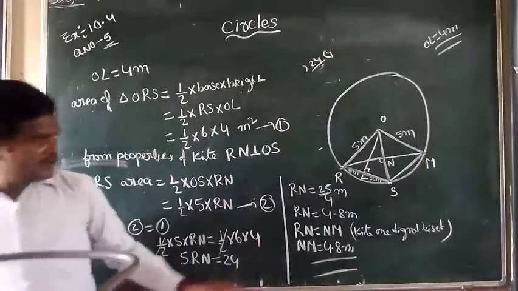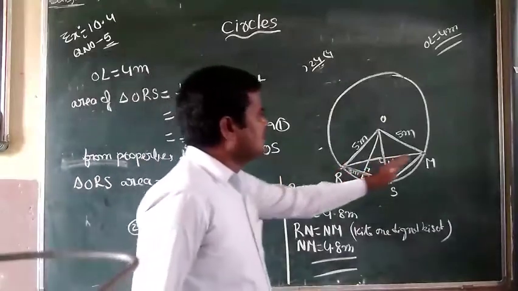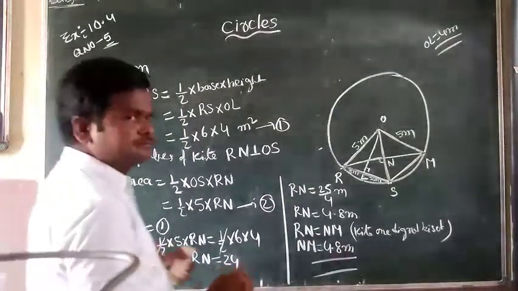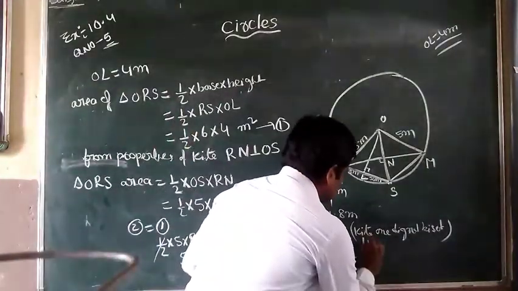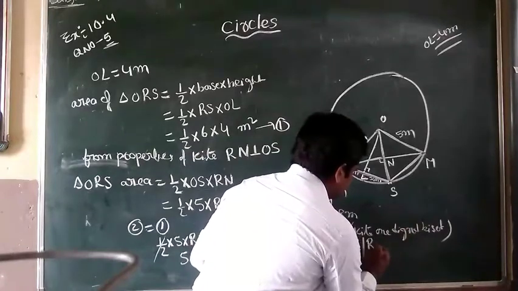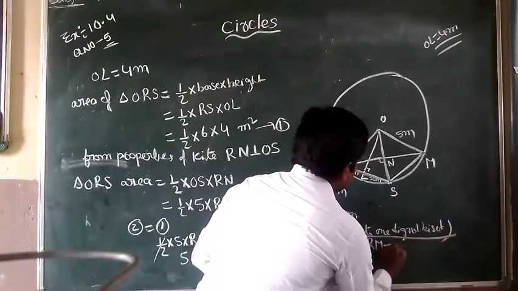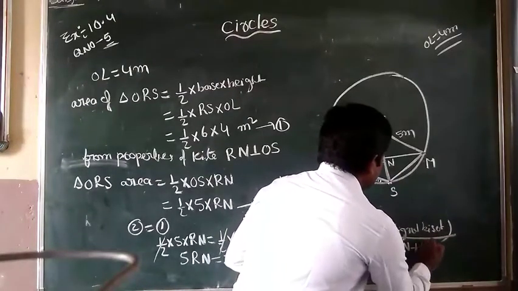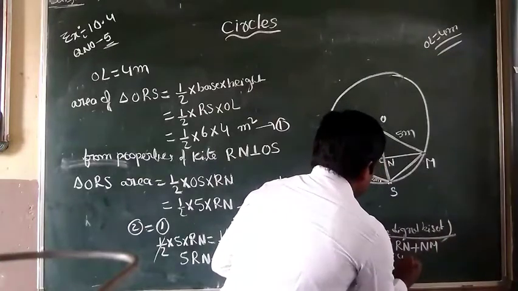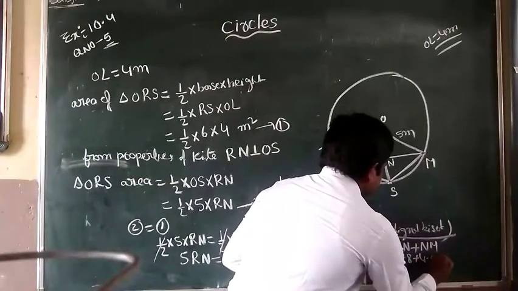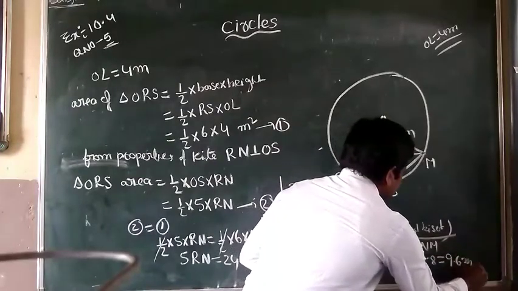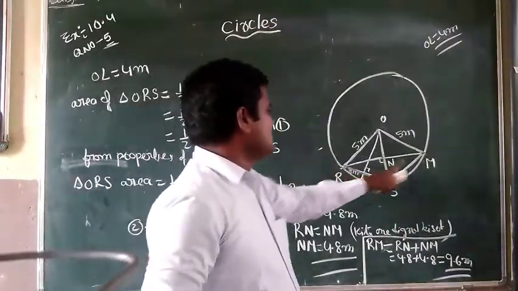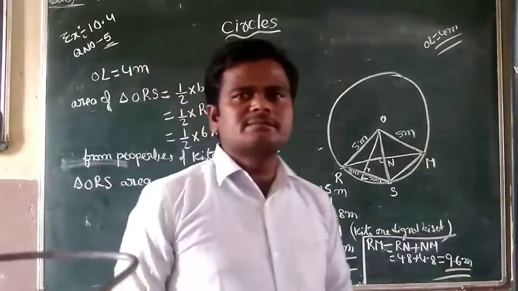Here we need to find the distance between R and M. So RM equal to RN plus NM. So this is 4.8 plus 4.8 that is equal to 9.6 meter. So the distance between Reshma and Manideep is 9.6 meter.